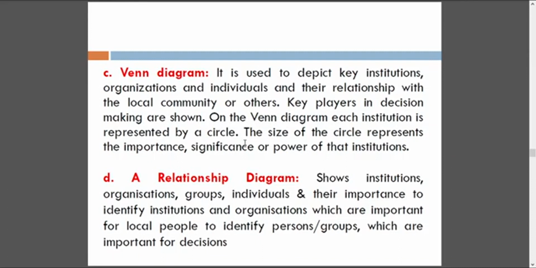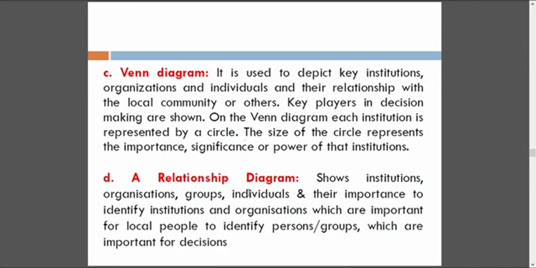Someone will definitely know that a smaller circle will have less impact than a big circle. So if you have local government in a big circle and an NGO in a small circle, a farmer will definitely know that it is better to deal much more with the local government because it has much more influence in the situation we are discussing.